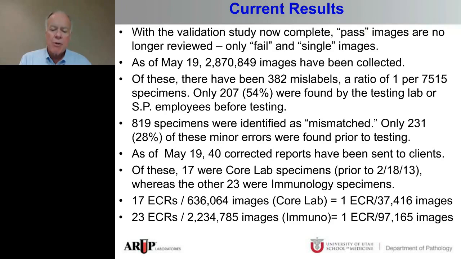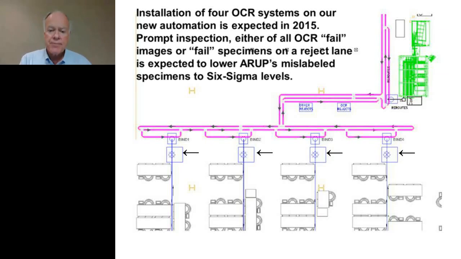The corrected reports sent to clients has dropped to a ratio of 1 per 97,000, just simply showing the power of this system, and that if we can promptly review those images, we'll in fact eliminate any corrected reports. And that's our ultimate goal.